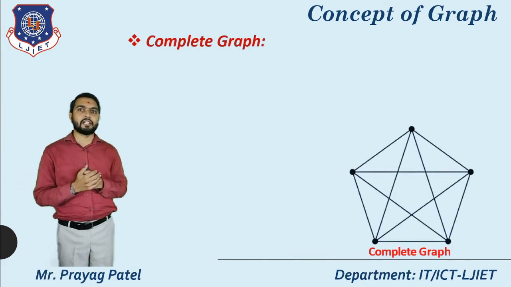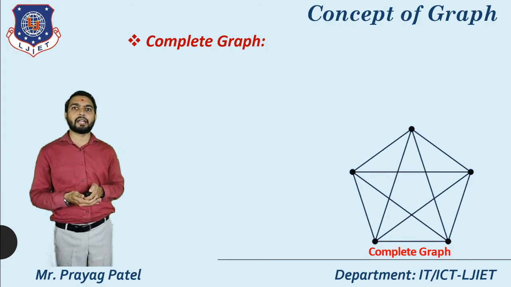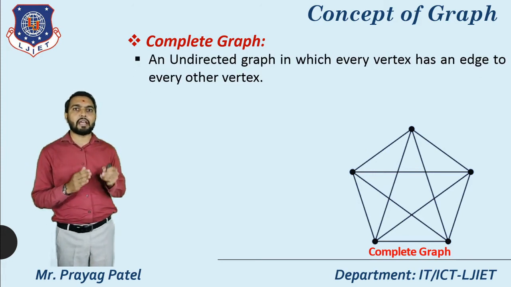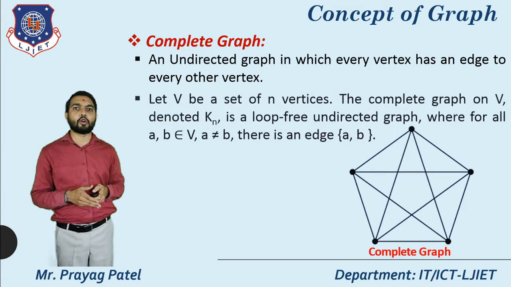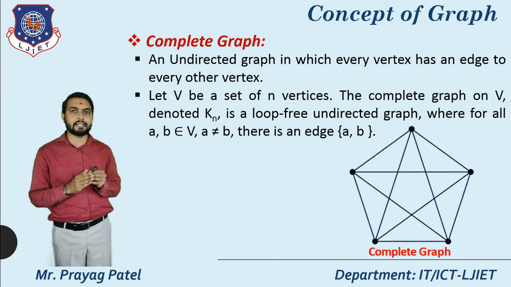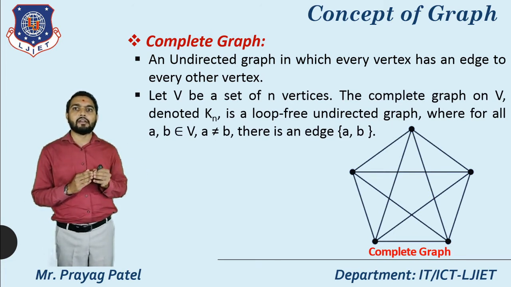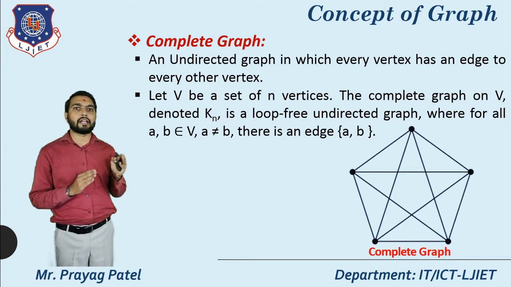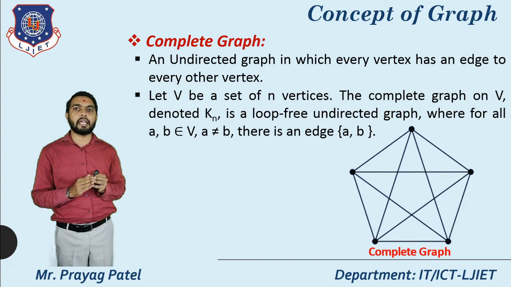Now the next definition is the complete graph. A complete graph is an undirected graph in which every vertex has an edge to every other vertex. Let V be a set of n vertices. The complete graph on V, denoted by Kn, is a loop-free undirected graph where for all a, b belonging to V and a not equal to b, there is an edge a to b.